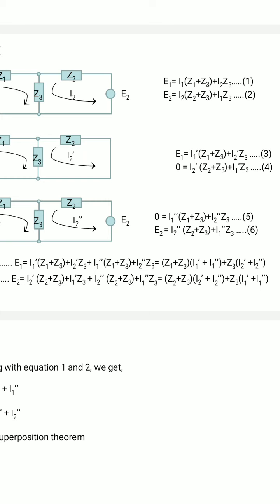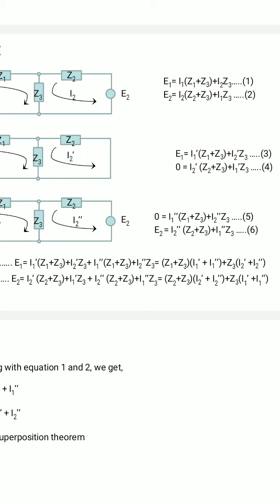Taking Z2 plus Z3 outside from the first and third terms, you will get Z2 plus Z3 into I2 prime plus I2 double prime, and taking Z3 out from the second and fourth terms, Z3 into I1 prime plus I1 double prime. Okay, now you have the new equation and you compare it with equations 1 and 2.